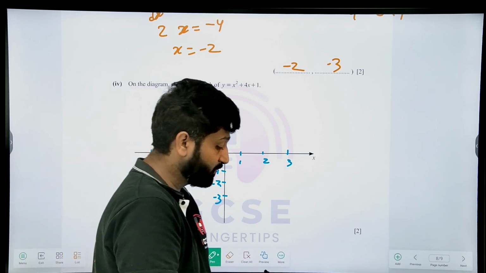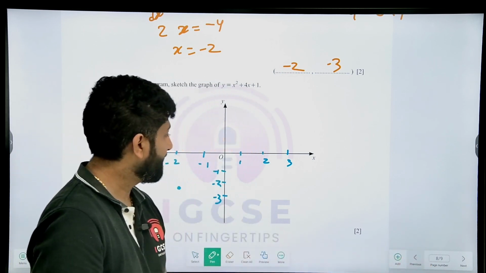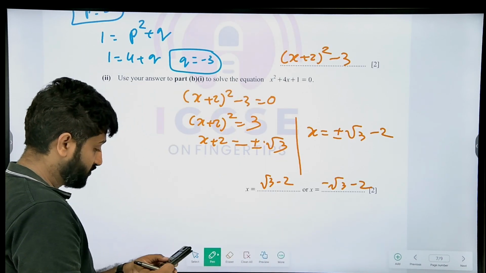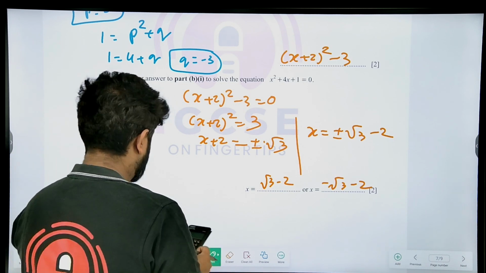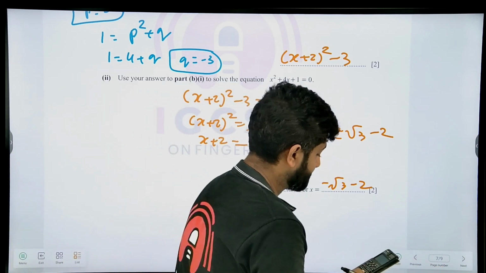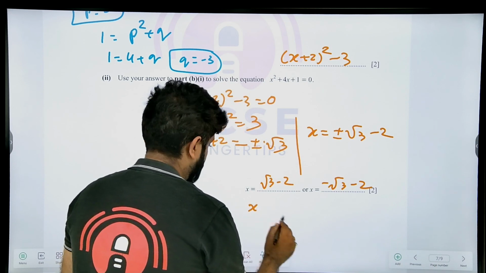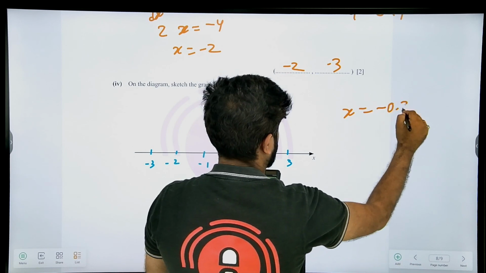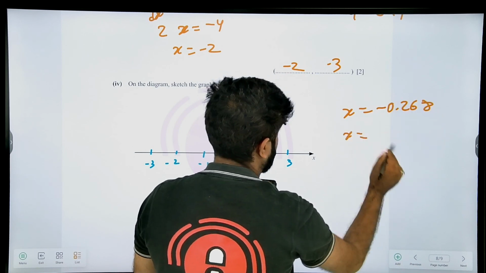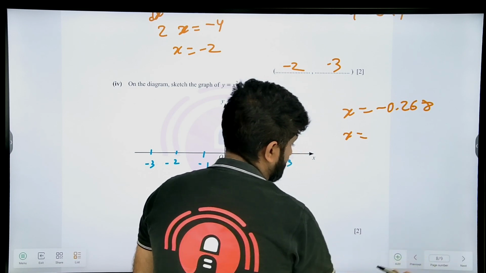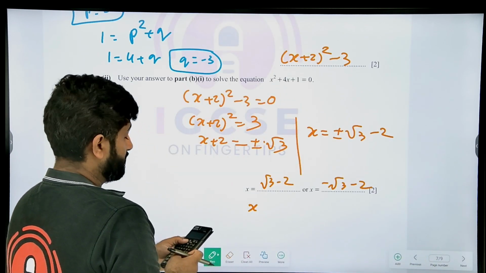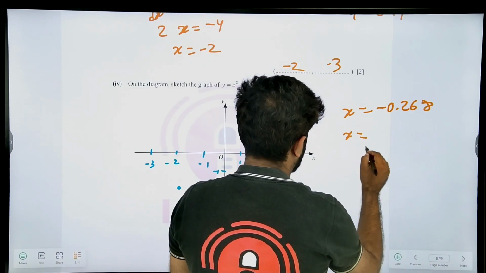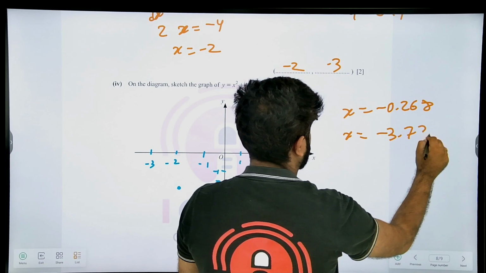I do have to plot the intercepts as well. The first intercept is root 3 minus 2, that is minus 0.268, and the second intercept is minus 3.73.